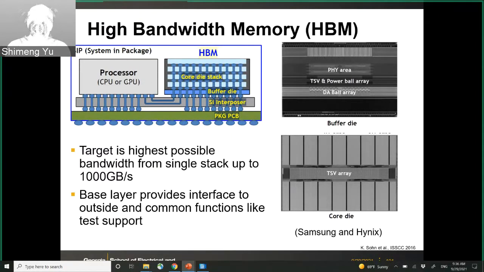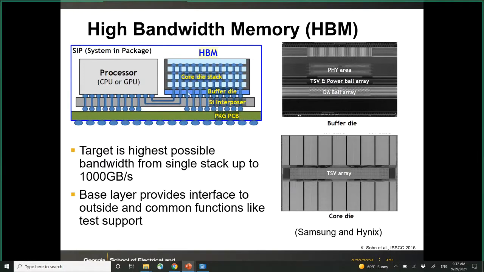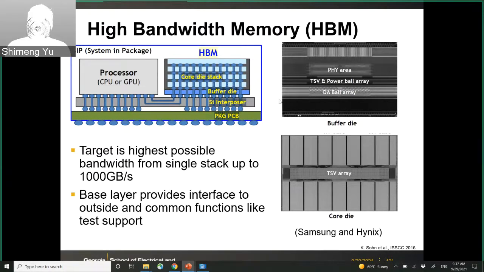You may have the processor like your CPU and GPU sitting on top of this silicon interposer, and then there may be some horizontal connections. And on the other side, this is the HBM stack. You have multiple DRAM dies, and between the DRAM dies you have the TSV to make the connections. So this is the cross-sectional view.